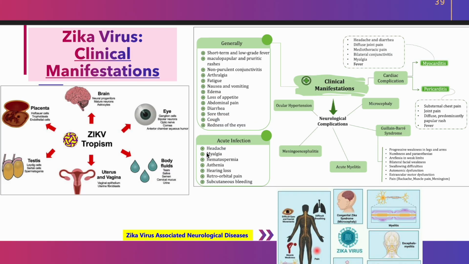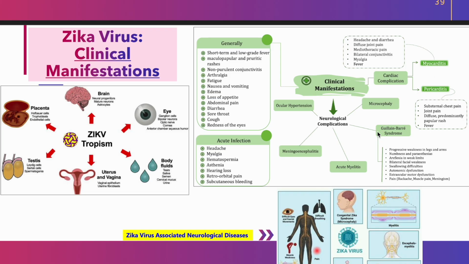For the acute infection, there is headache, myalgia, hematospermia, asthenia, hearing loss, retro-orbital pain, and subcutaneous bleeding. Also, there are many other conditions like acute myelitis and microcephaly, as I said before, that happens to the baby born, right? It also has cardiac complications like myocarditis and pericarditis.